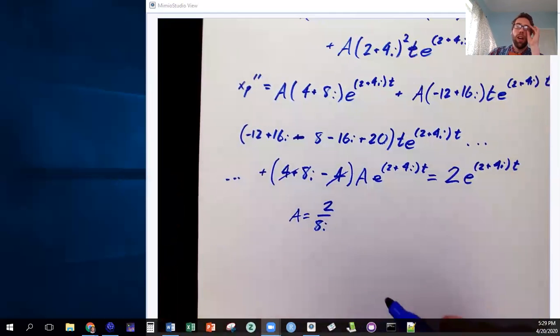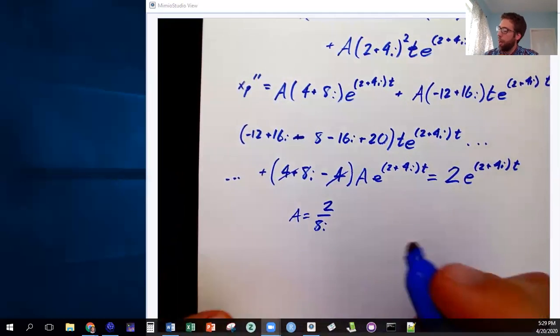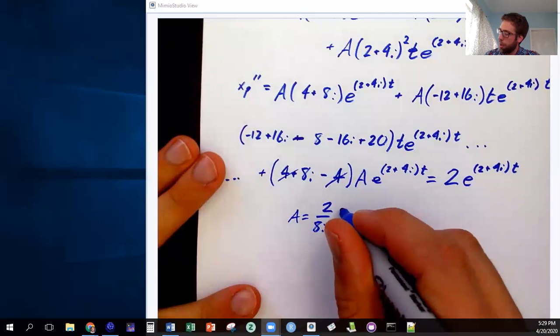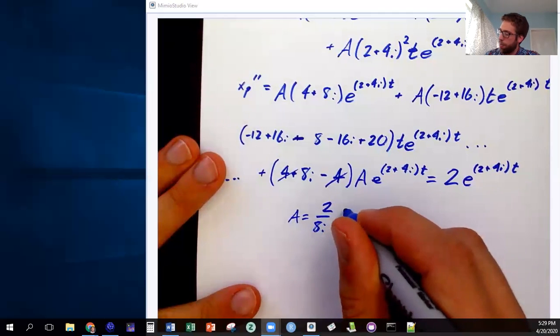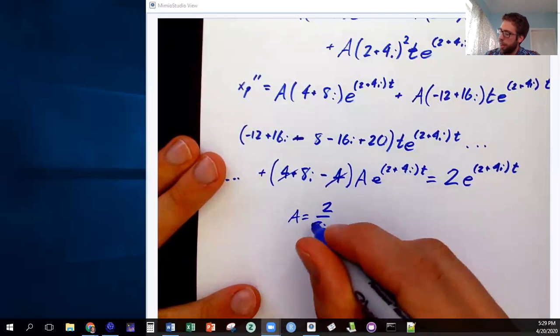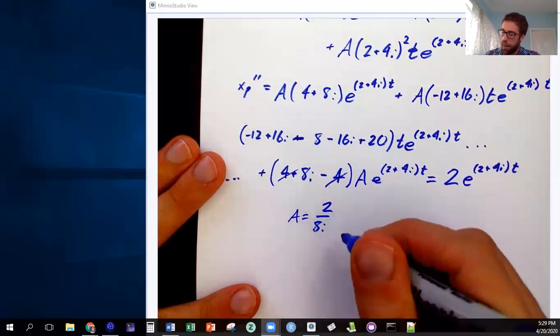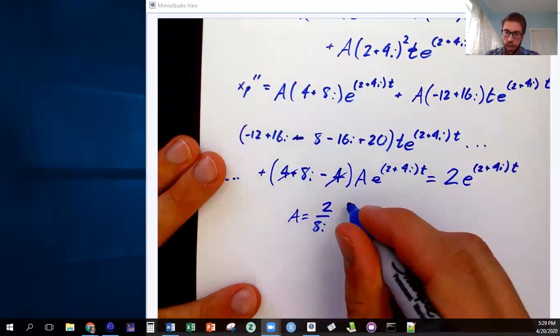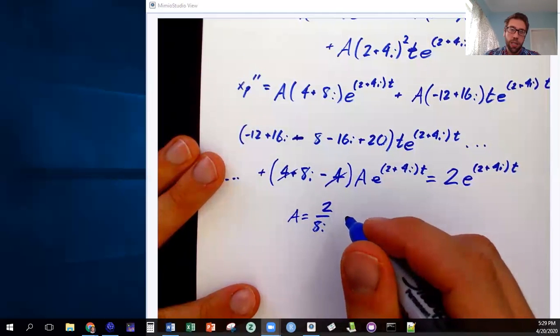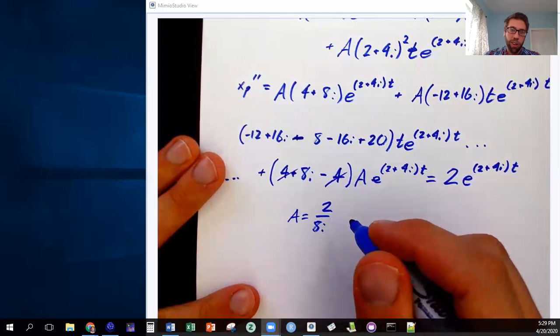Okay, so now you can multiply both sides by the reciprocal. So in general, you can multiply by the reciprocal. In this case, this is like 0 plus 8i, so you multiply by 0 minus 8i. So negative 8i, negative 8i. But always work smarter, not harder.